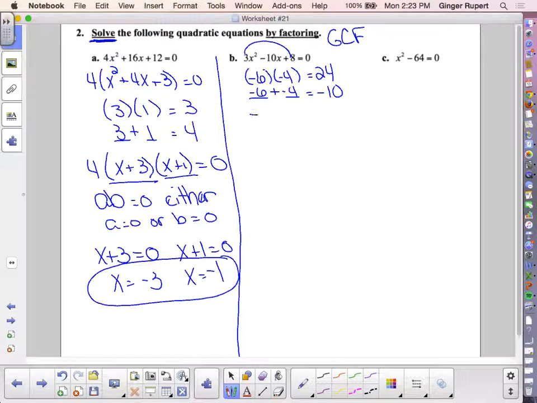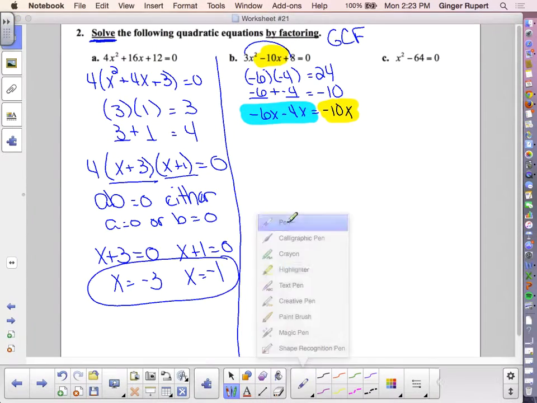Remember, that means that minus 6x minus 4x equals negative 10x. So wherever I see this negative 10x right here, I'm going to take the negative 10x out, and I'm going to replace it with this equivalent expression.